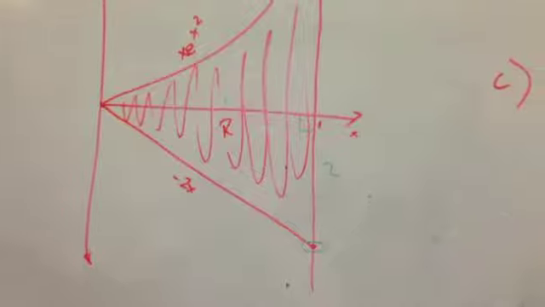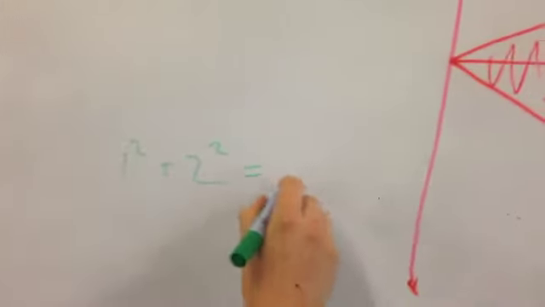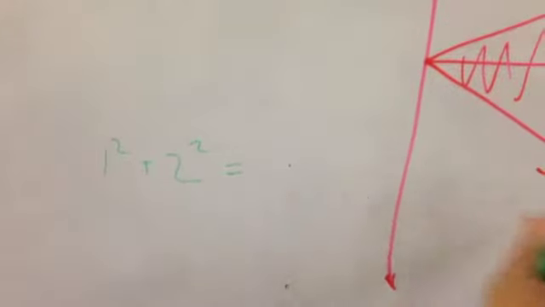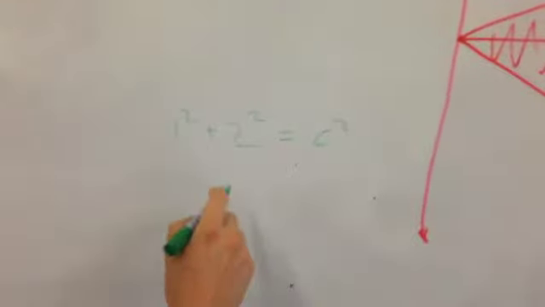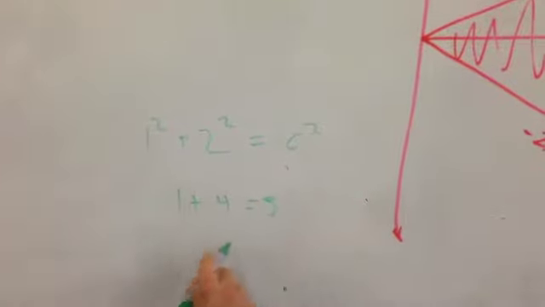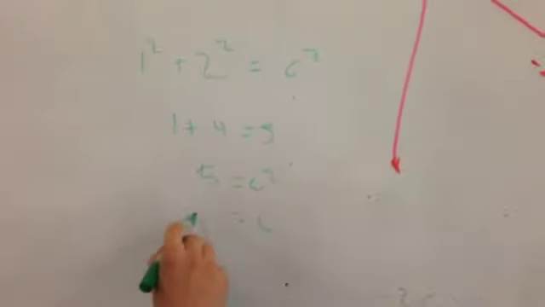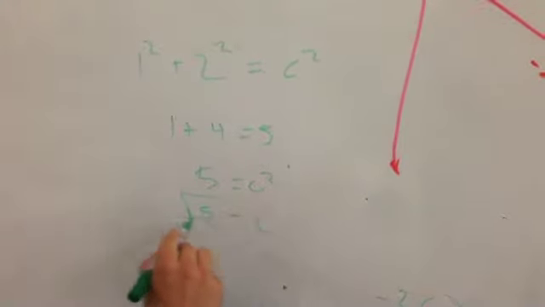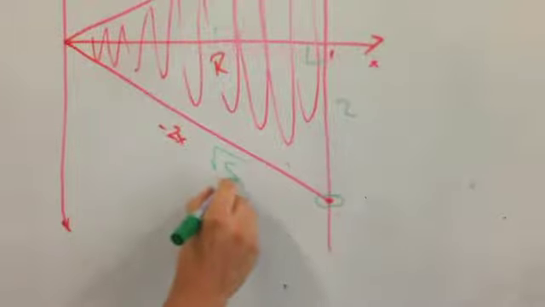So we do 1 squared plus 2 squared equals, let's name this c squared. And so we have 1 plus 4, which equals 5. So 5 equals c squared, and so c equals the square root of 5. So this length here is the square root of 5.